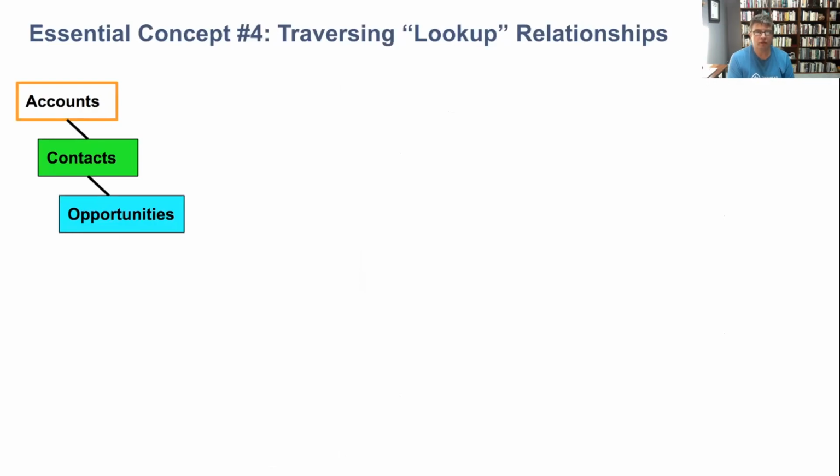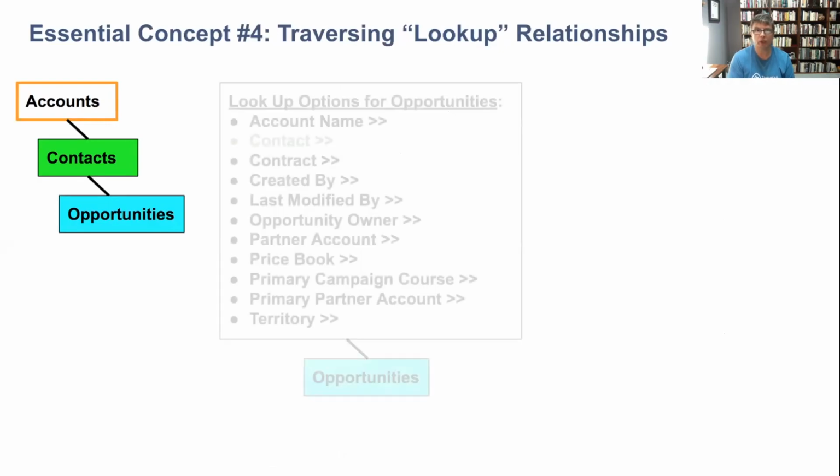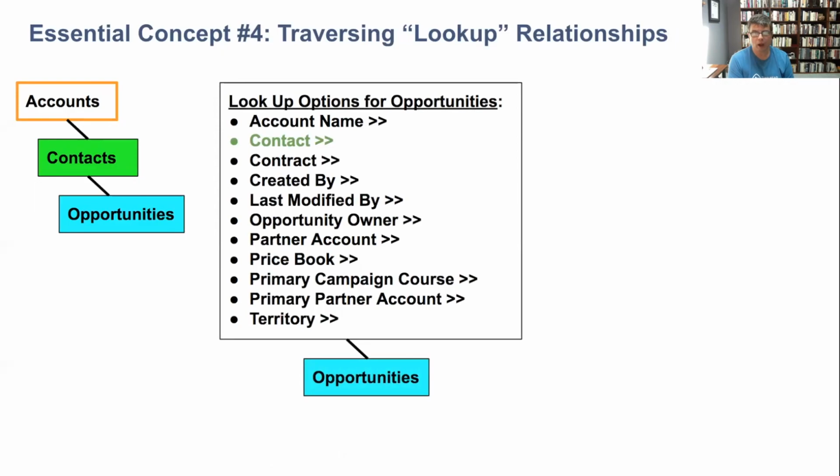And then something that's very powerful with custom report types is the ability to traverse back up using the lookup relationships. So if I'm at opportunities and I want to look up, so we're not going down the data hierarchy, we're going up. I can get to accounts, of course, we saw that here, but look, I get to account name, contracts, created by, last modified by, price books, campaigns.